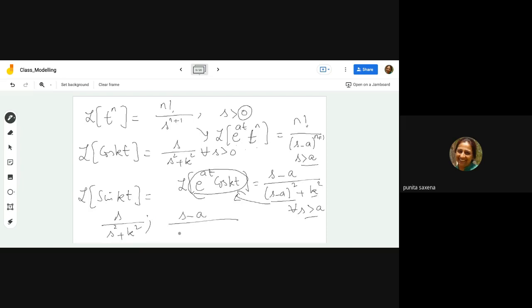Even if we are able to decompose into terms like this, then also we can write the inverse Laplace, because it's just that we have translated the s axis. So when you are translating your s axis, your inverse Laplace transform is getting multiplied by e to the power at. So if you are translating by a units, it becomes e to the power at into your original function, small f. Is this clear?